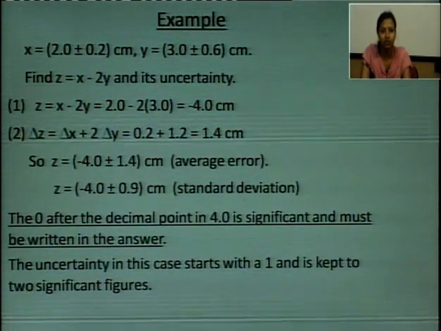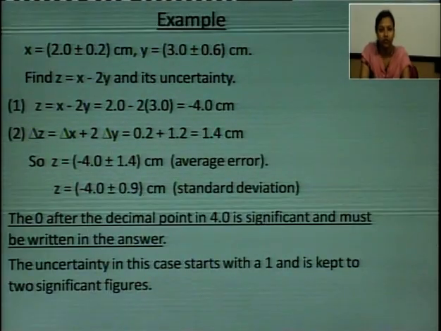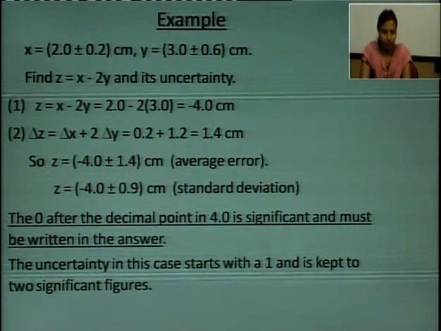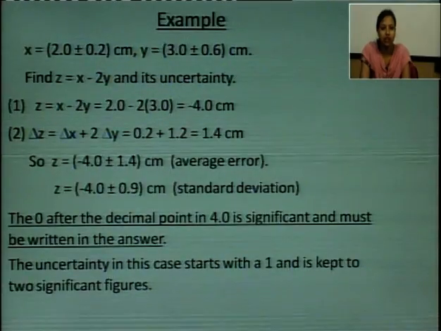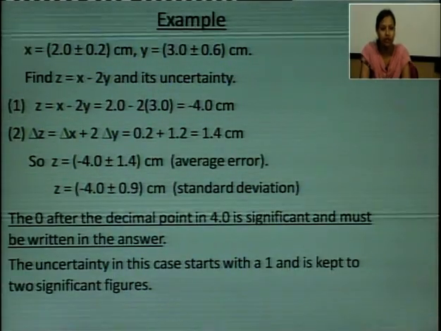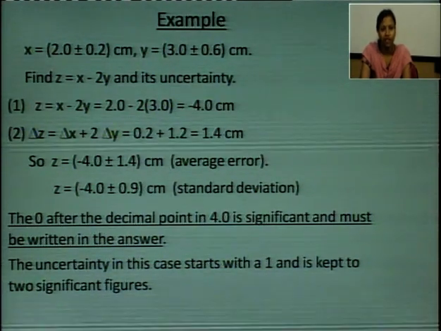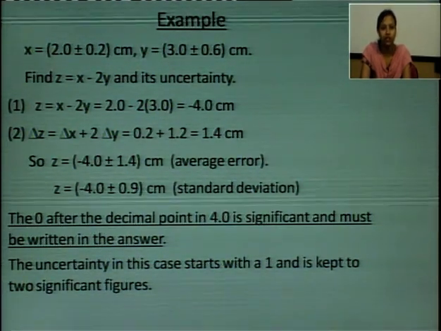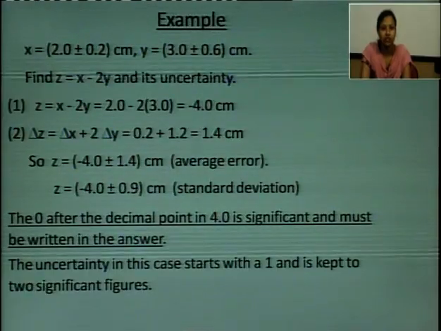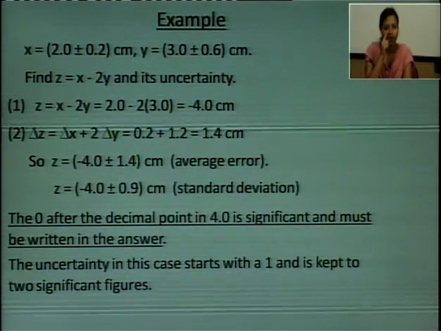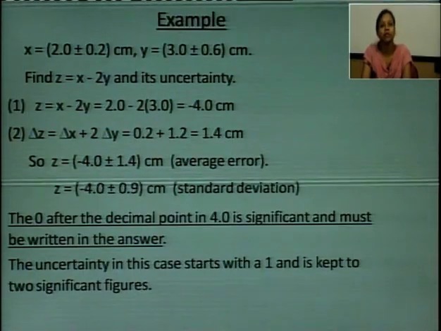So 2 minus 2 into 3 is minus 4. And second one is its uncertainty, delta Z is equal to delta X plus 2 into delta Y. Delta X is 0.2, delta Y is 0.6, 0.6 into 2 is 1.2, so delta Z is 1.4 centimeter.